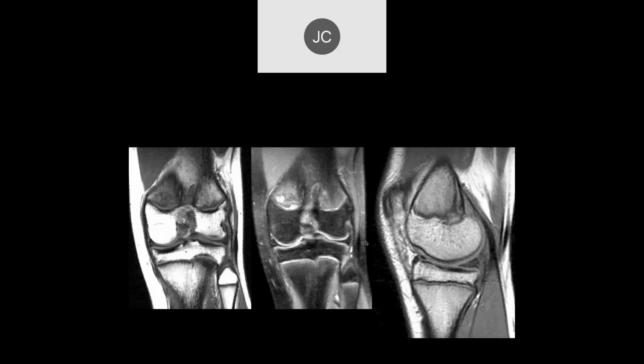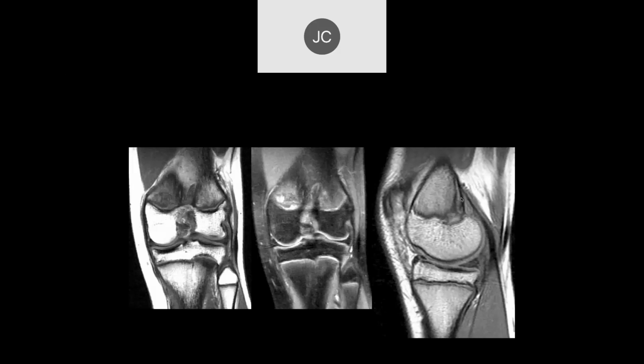Okay, looking at the medial femoral metaphysis, there's T1 dark signal. There's edema in the physis, and the sagittal looks like, is that a fracture?